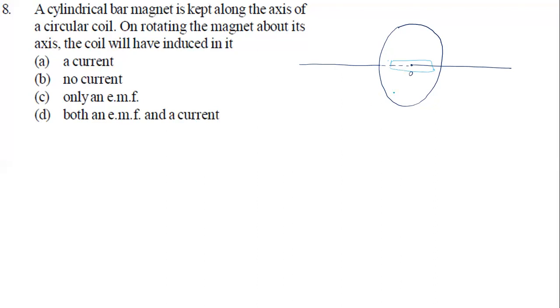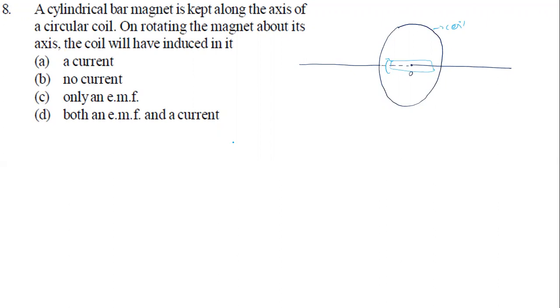And we're going to rotate it. So tell me, as you're rotating like this, what will happen? Is the flux changing with respect to the coil? The flux is not changing. Since the flux is not changing, there is no induced EMF. As we know from the laws, until the flux changes, there is no EMF or current.